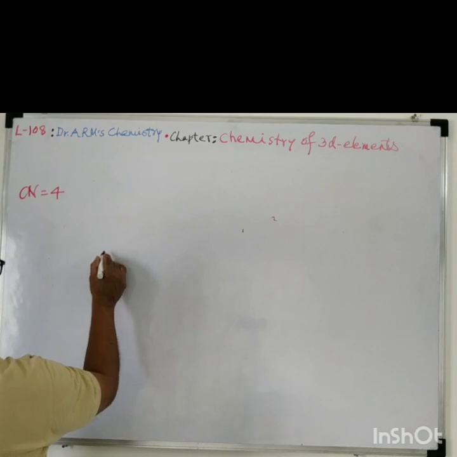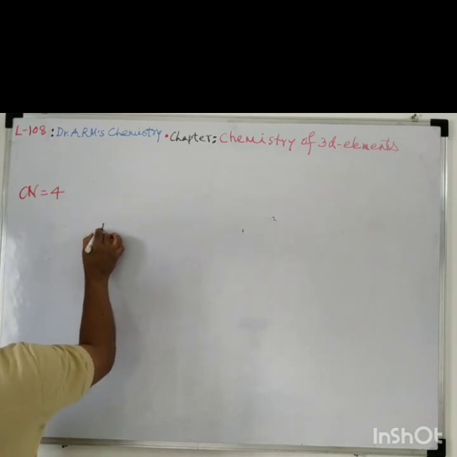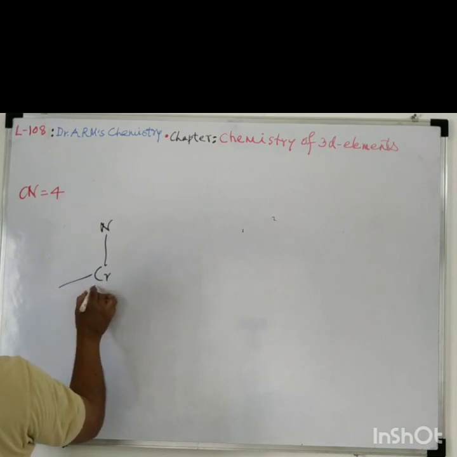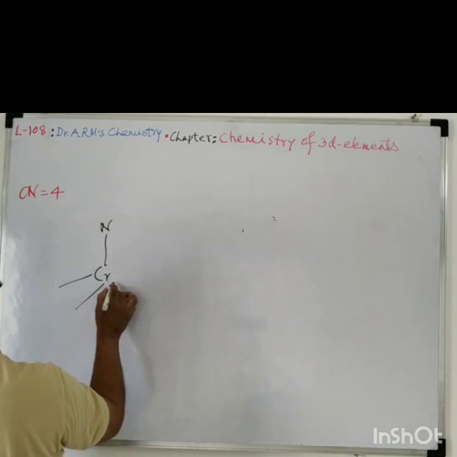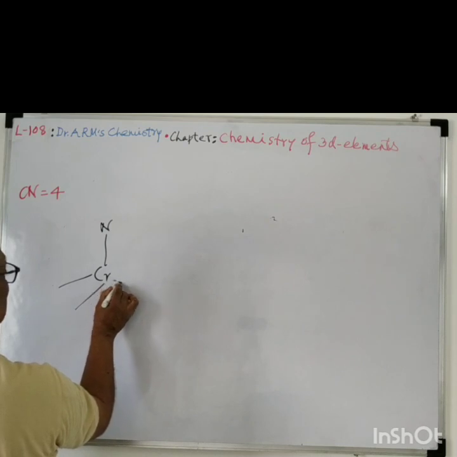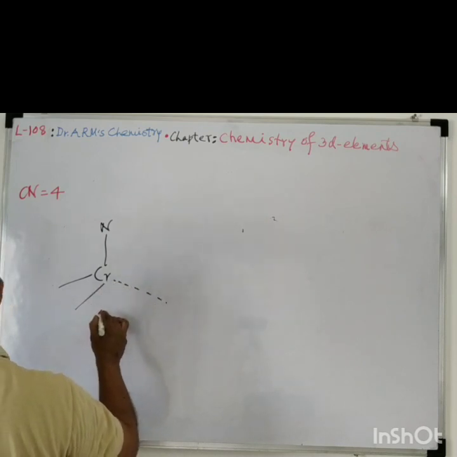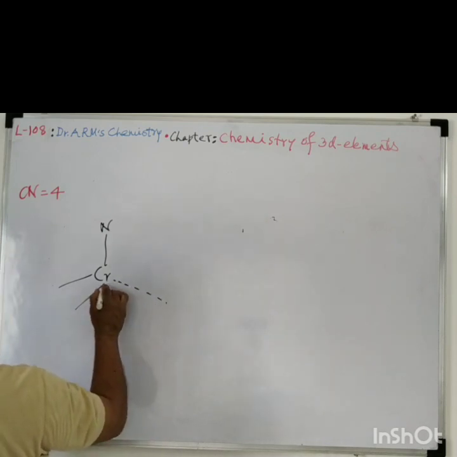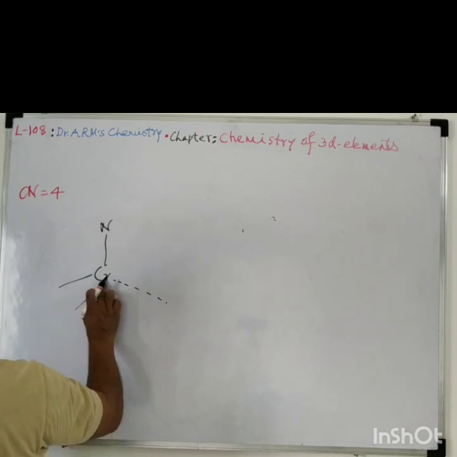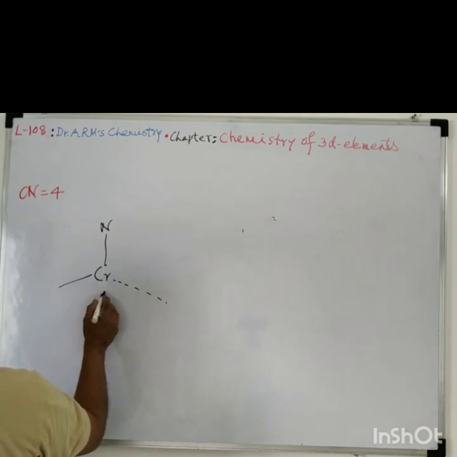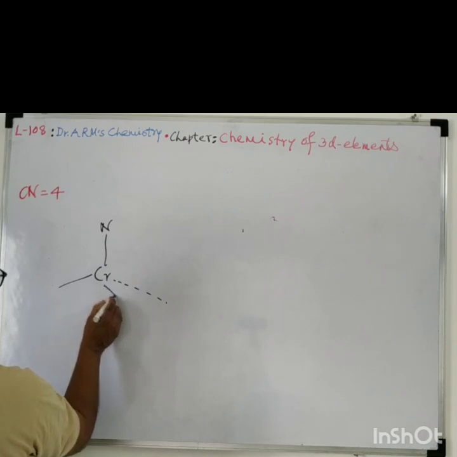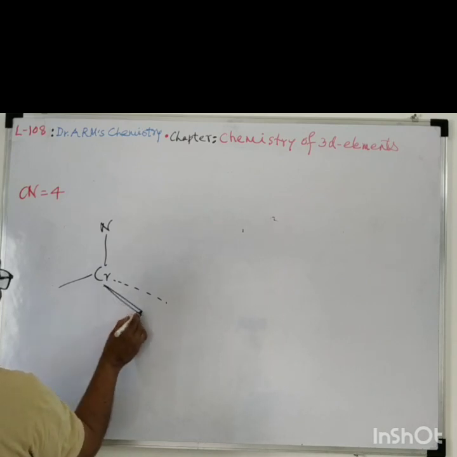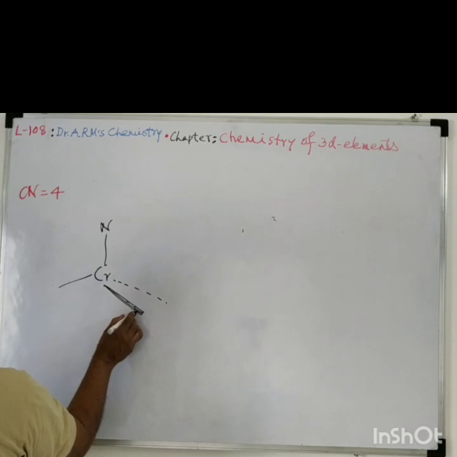For example, chromium is at the center, then nickel, and we can show this on the other side also.